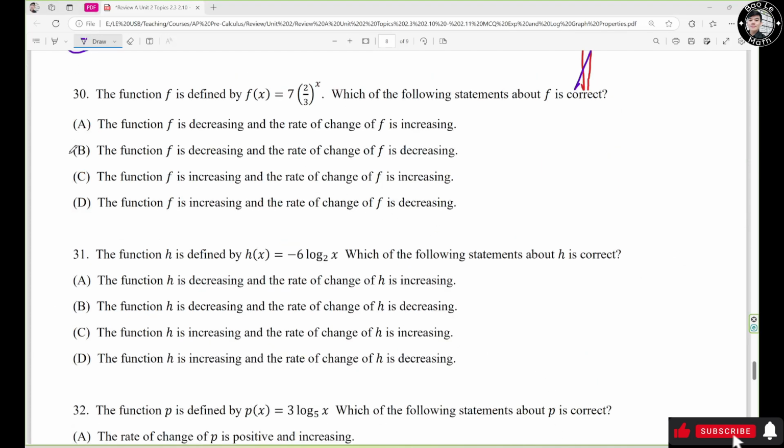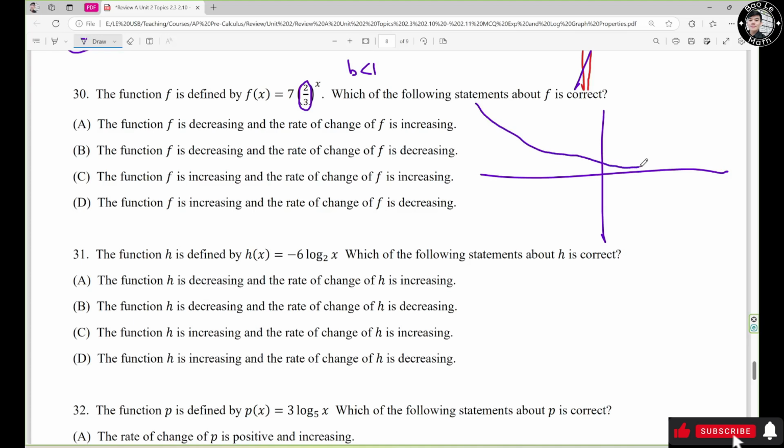Now let's look at number 30. We need to sketch this one. Alright, so look at this one, you see that 2/3, which means b is less than 1. This is an exponential decay function, so it can be something like this, right?